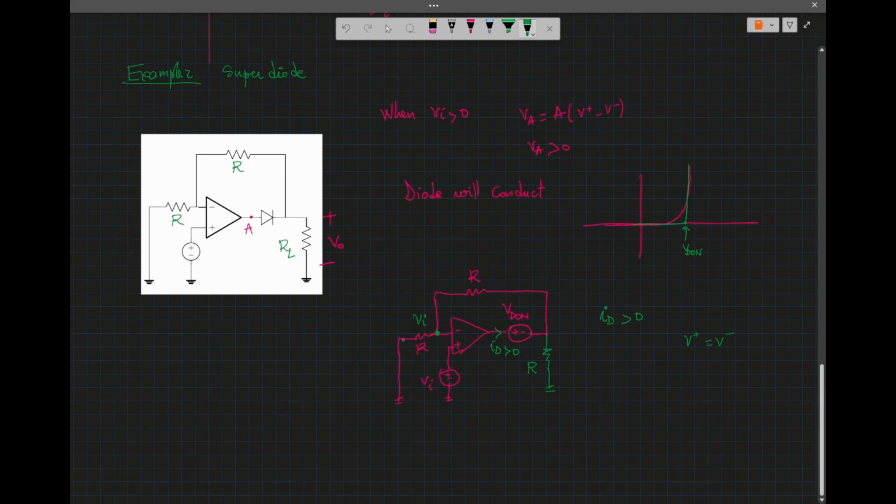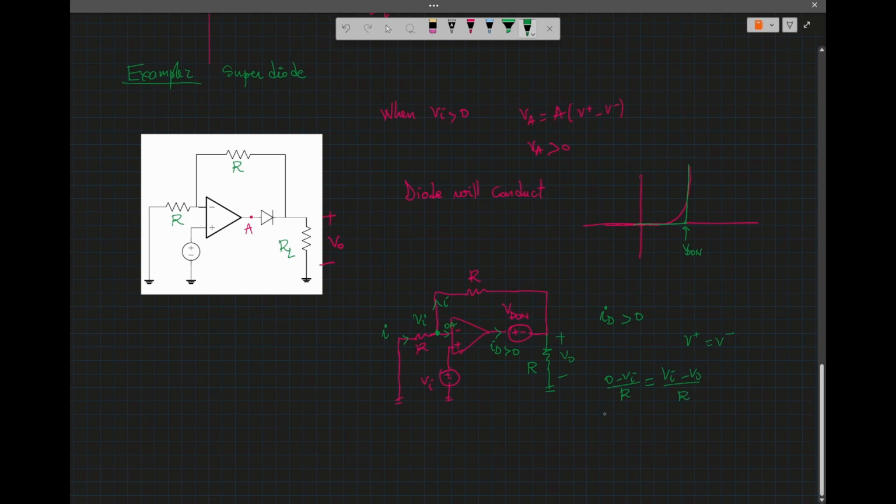So the current here, I, will be the same current here, because there's no current flowing into the op-amp. So this is 0 amps. So then that current will be 0 minus Vi over R, which will be equal to Vi minus V0 over R.